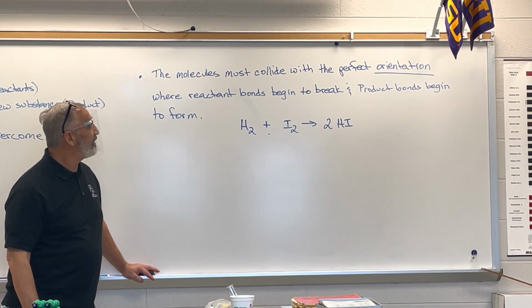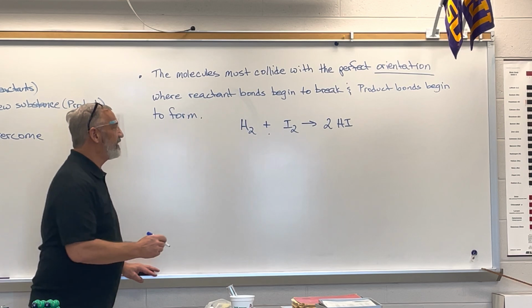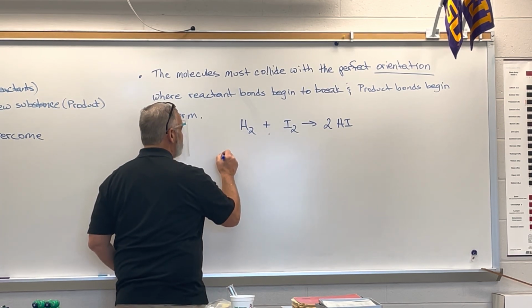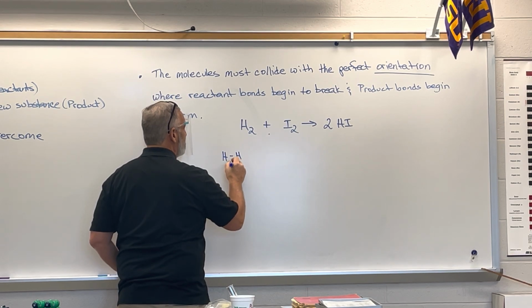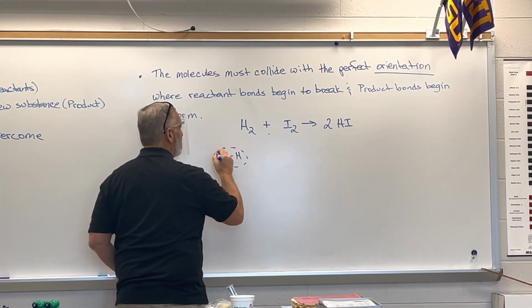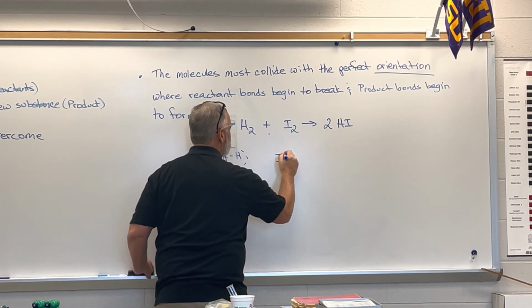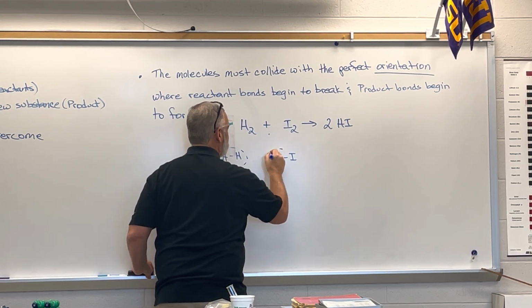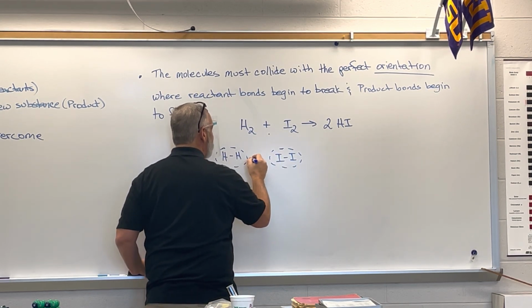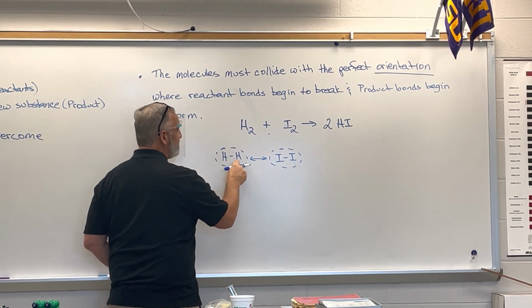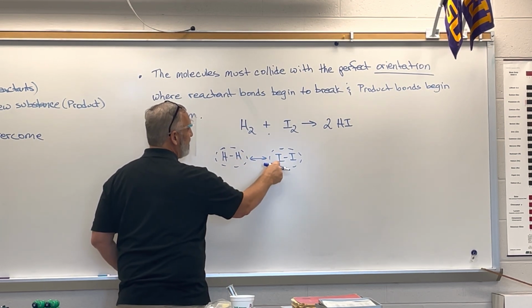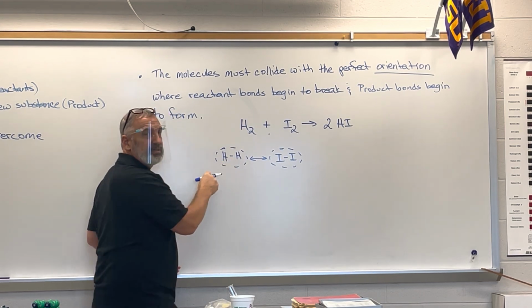All right. So if I want this reaction to occur, I have my two hydrogen atoms bonded here, okay? And I have my iodine bonded here. But if they collide like this, well then this H is going to go here, but there's nothing on this one here.